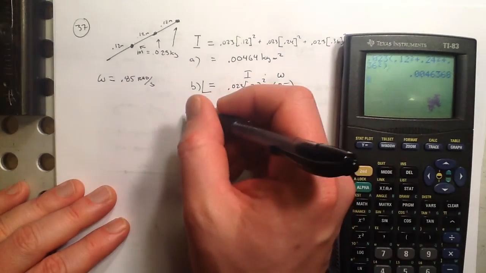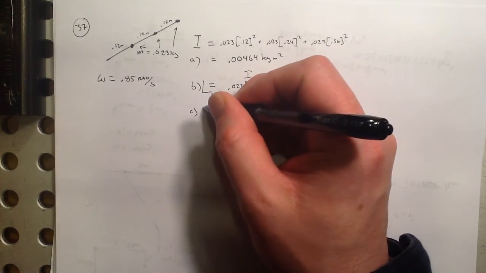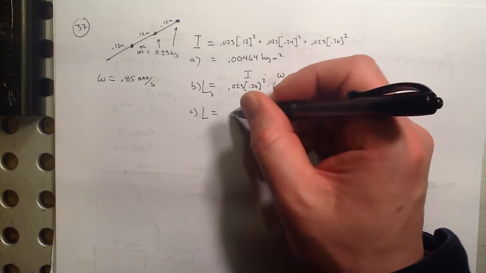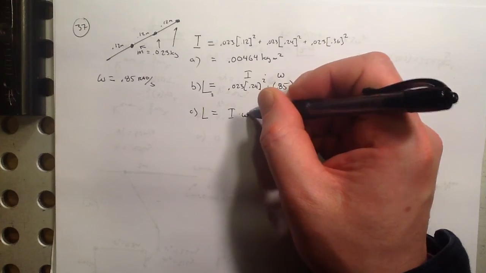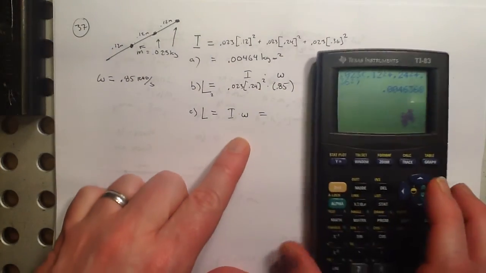And then for part C, for the whole thing, that's just for particle 2. And then for the whole assembly, it would be I times omega for the whole thing. Since I have the I right there, I'm just going to do that now.